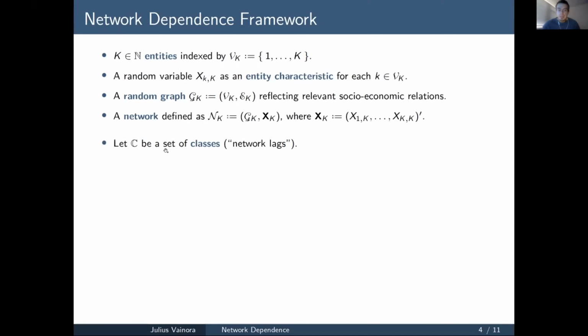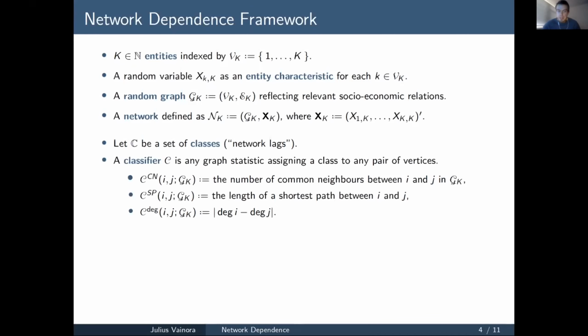Now let C be a set of classes, or more intuitively, network lags, because you can see time series stationarity as a separate case of all this: we can imagine a path graph and then compute the usual distances on a graph. So it is somewhat convenient to think about those classes as network lags.